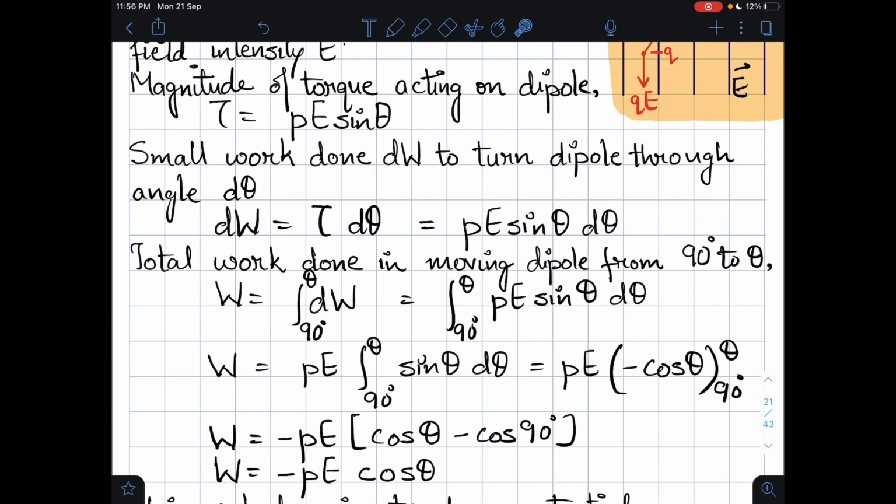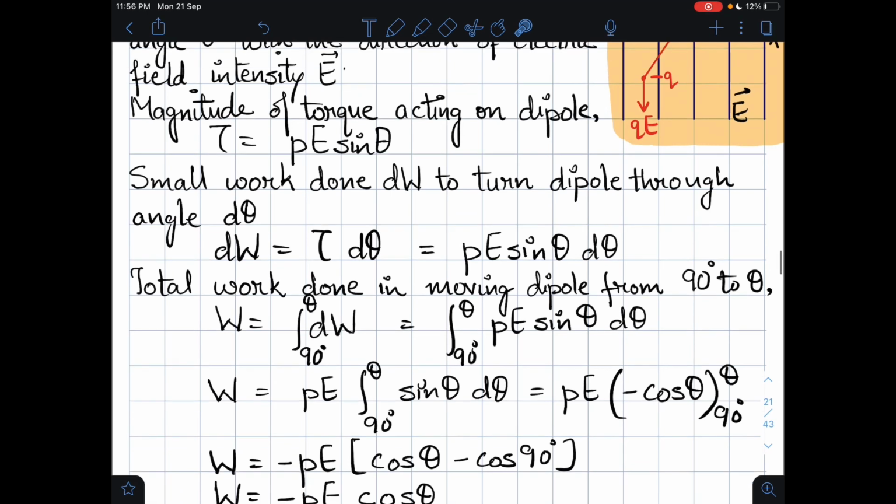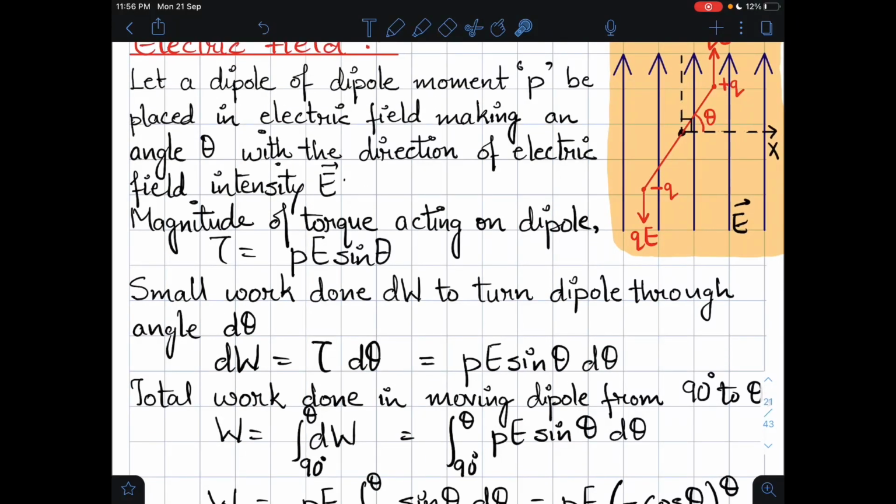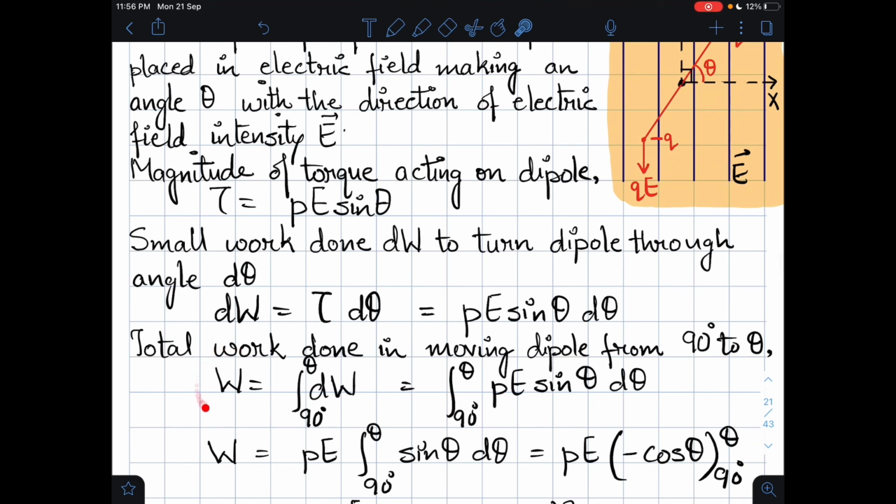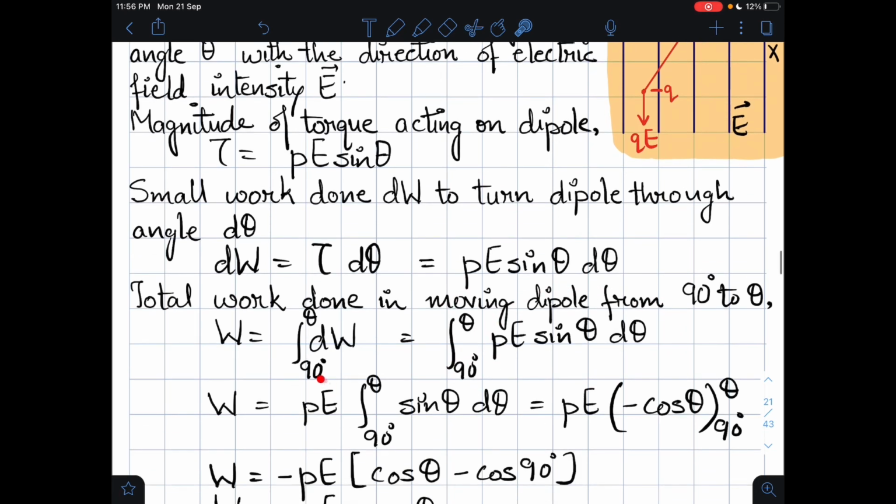If I have to find the total work in moving it from 90 degrees, this is 90 degrees, to this angle theta, what do we do? We take work done equals integration of dW from 90 to theta, which is equal to integration of pE sin theta d theta from 90 to theta. So work done becomes pE, which is constant and comes out, times integration of sin theta d theta from 90 to theta.